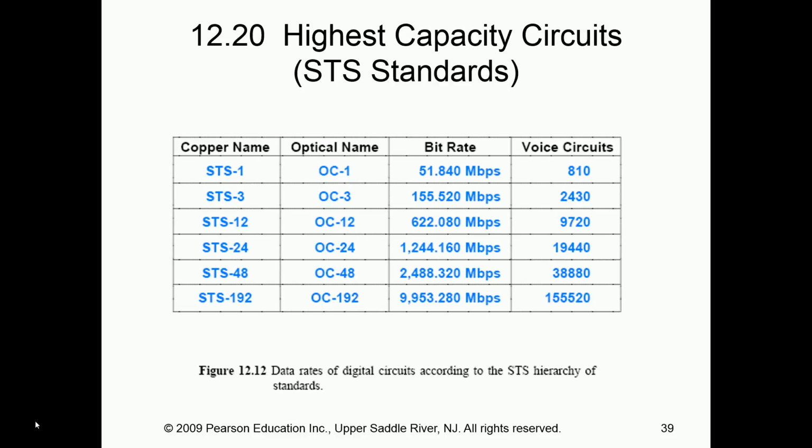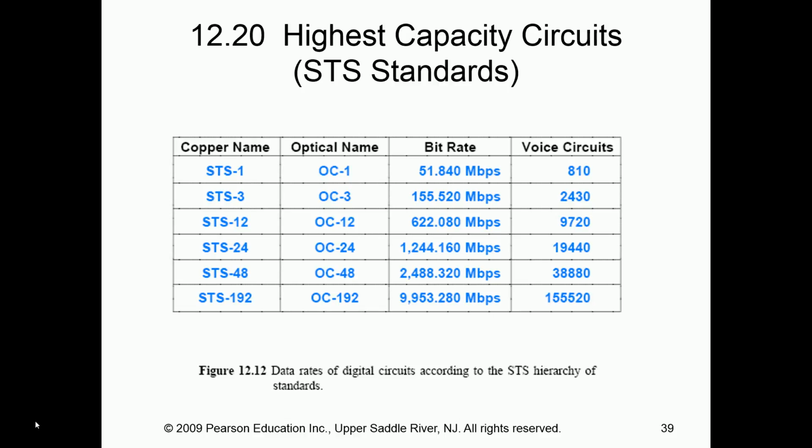From 1 to 3, there's a factor of 3, so you times it by 3. From 3 to 12, it's a factor of 4. From 12 to 24, it's a factor of 2. From 24 to 48, it's a factor of 2.